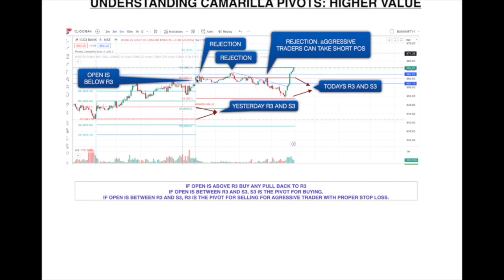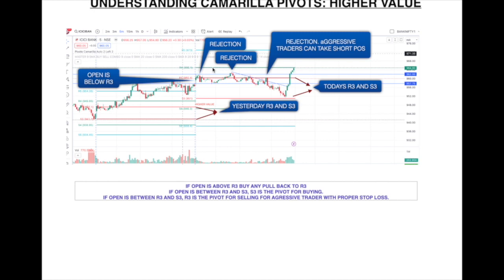If it opens above R3, any pullback and breakout above the high of the opening will be considered a buying opportunity, provided it breaks above R4. Okay. Now, suppose the opening is between R3 and S3, then any pullback to S3 will be a very good buying opportunity for a target of R3 and also for a target of R4.